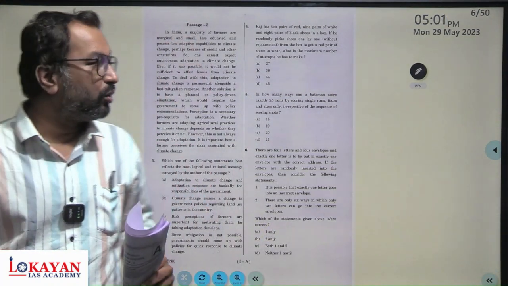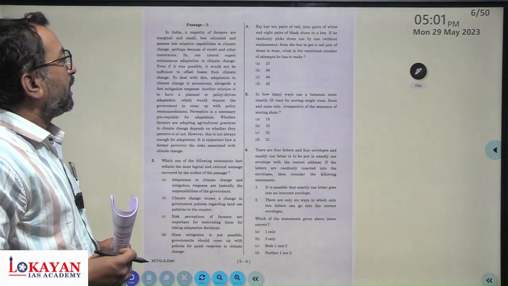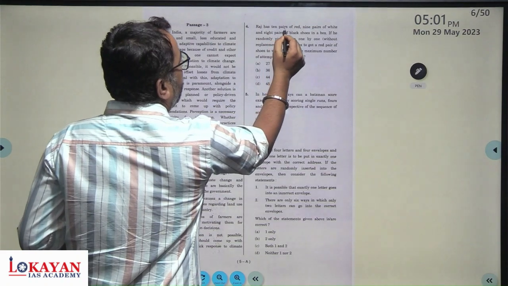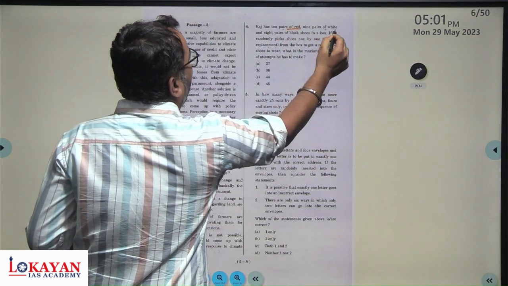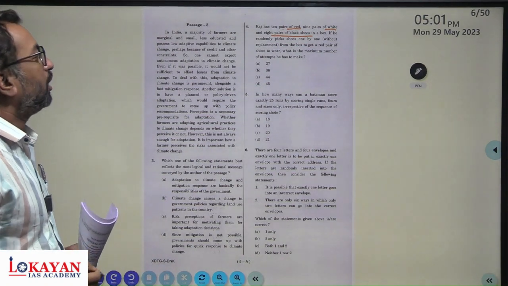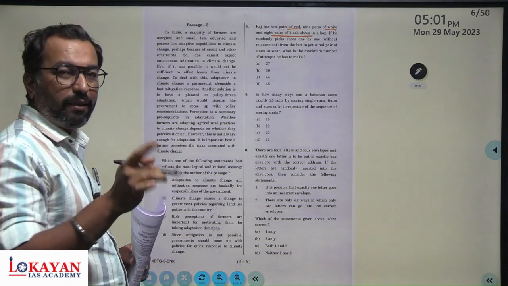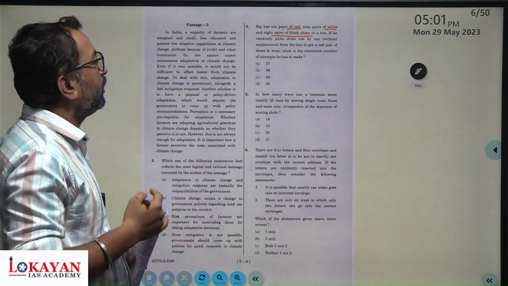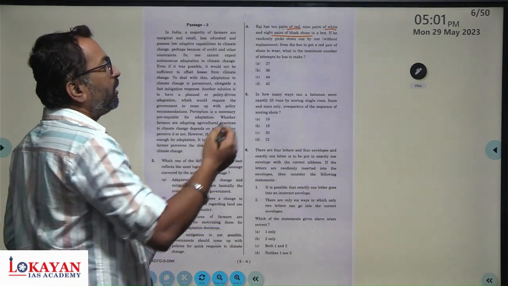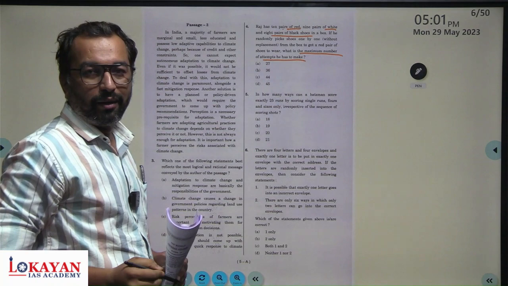Question number 4 from set A says: Raj has 10 pairs of red, 9 pairs of white and 8 pairs of black shoes in a box. If he randomly picks shoes one by one without replacement from the box to get a red pair of shoes to wear, what is the maximum number of attempts he has to make?